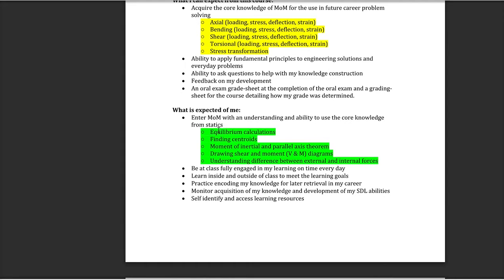So from statics, you should be able to calculate equilibrium, find centroids, calculate moments of inertia using the parallel axis theorem, draw shear and moment diagrams, and understand the difference between external and internal forces. These two here, moment of inertia and shear and moment diagrams, are very central to what we do in MoM. The others are important as well.